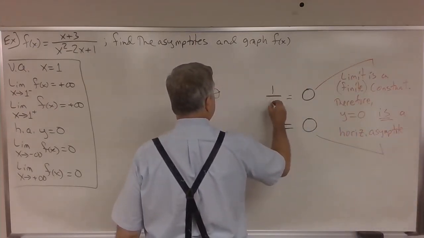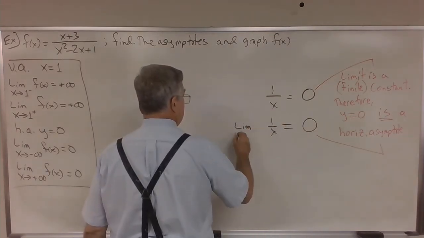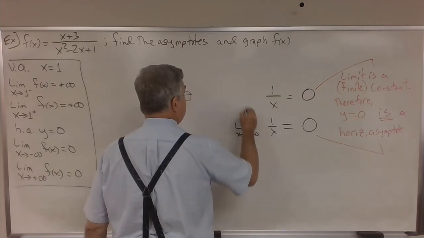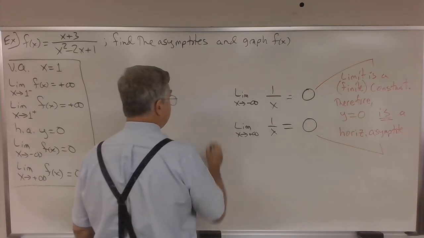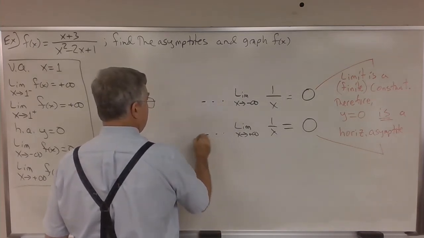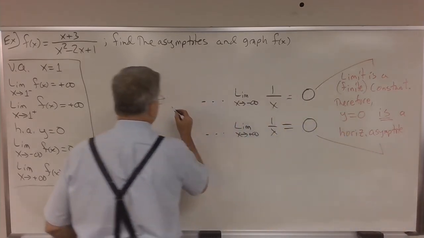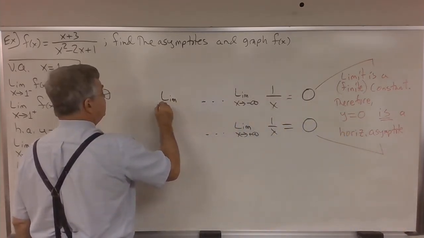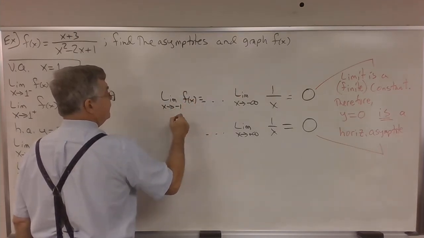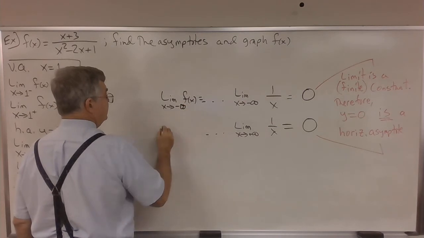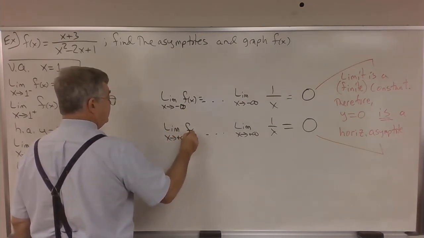Remember, I had this. And what did I start with? I started with the limit of f of x as x goes to negative infinity, and the limit as x goes to plus infinity of f of x.